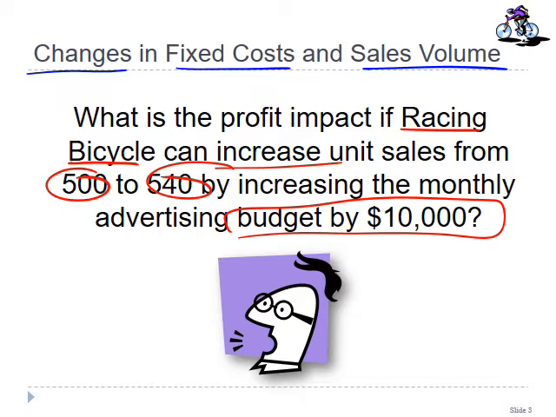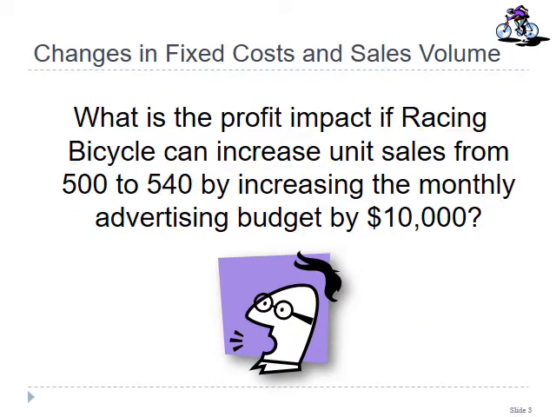So the question is, would you recommend this campaign? See if you can solve this problem before going to the next screen. Just pause here and try to solve it by yourself. Okay, let's go to the next screen.